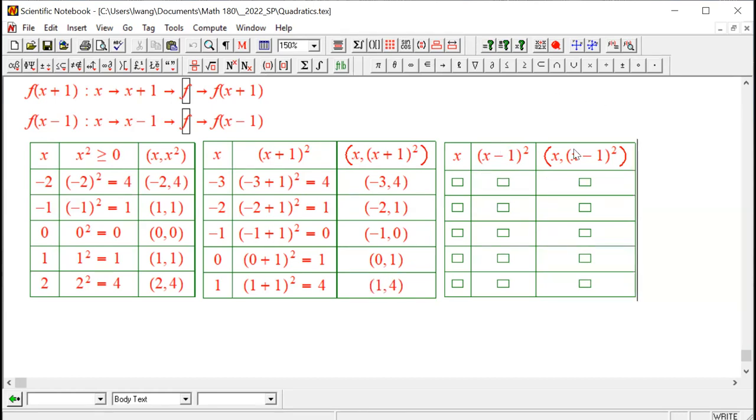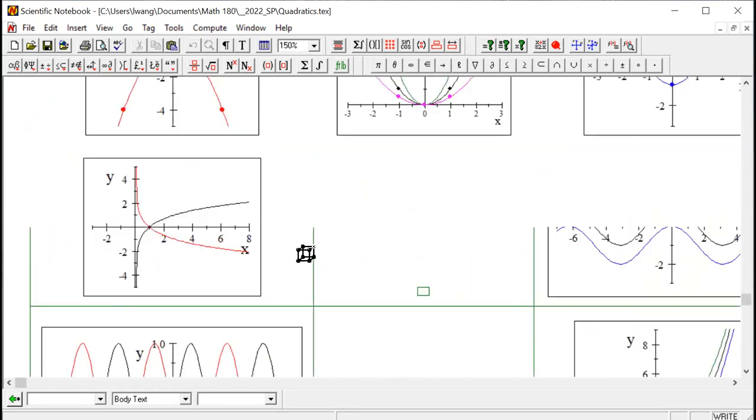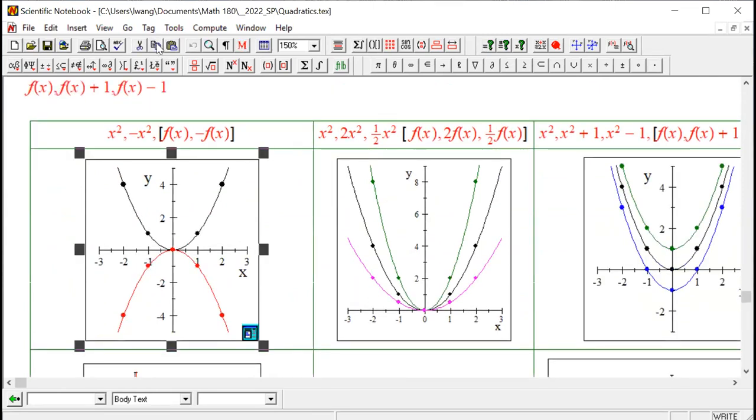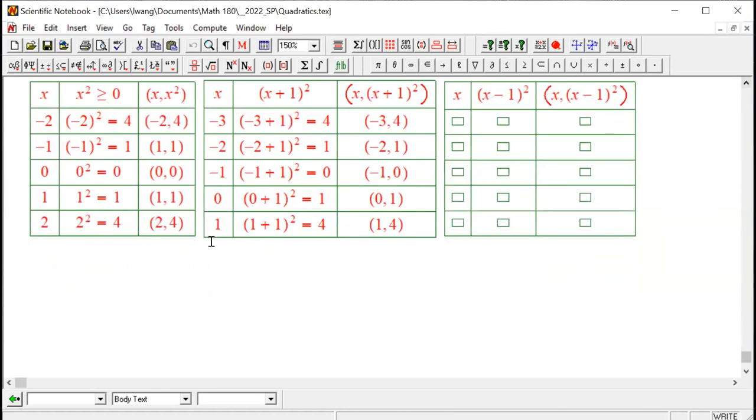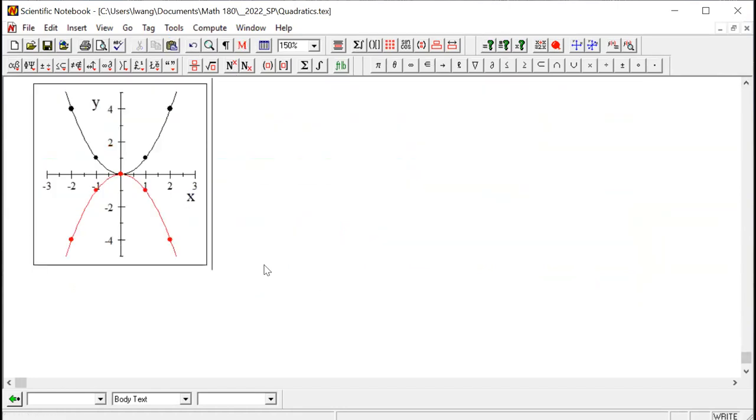Okay, so are we going to come back to do x minus 1 squared to see what we get for these two? Do we have to? Well, I think we have a picture of x squared already, right? So we don't need to do it all over again. So we just use this one.